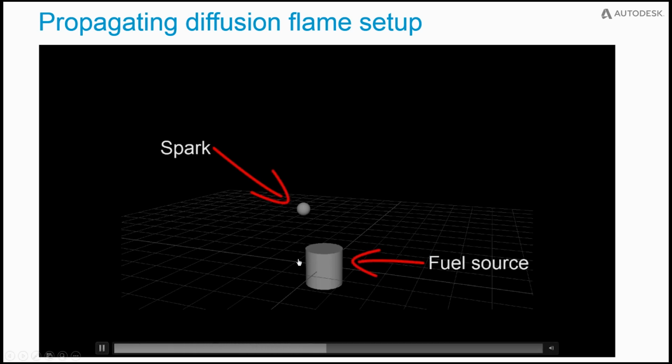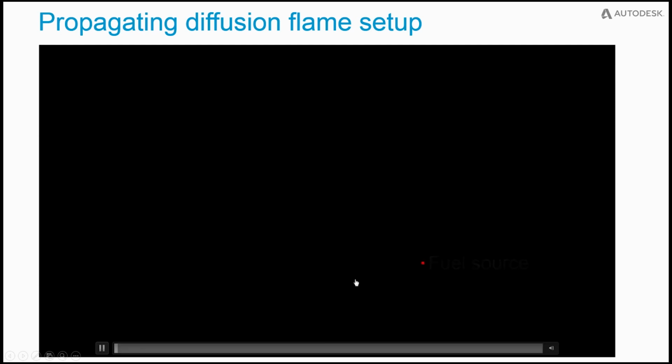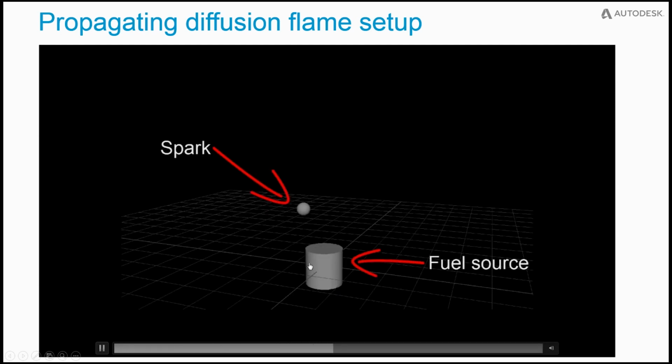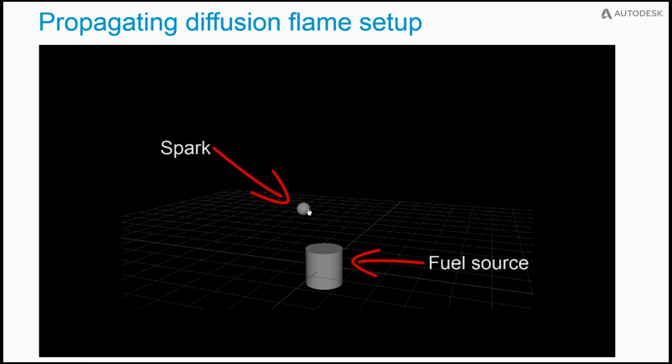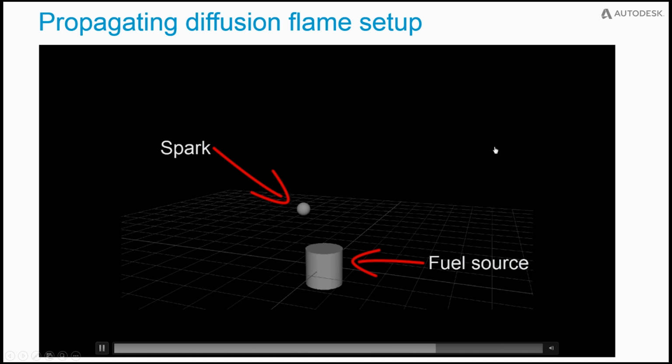We have a fuel source specified as a cylinder here at the bottom. We'll have a fuel plume rising. It's not pre-mixed with oxygen, but we have oxygen outside here in the surrounding air. And as the fuel plume comes in contact with the spark here, it ignites, and you'll see the flame propagating along the circumference of the fuel plume, and then it will continue burning as it rises.